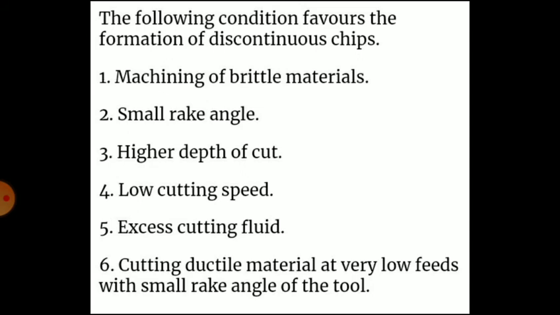When the tool rake angle is small, depth of cut is high, cutting speed is low, and cutting fluid is used, and when cutting ductile material at very low feeds with small rake angle of the tool, these conditions are favorable for formation of discontinuous chips.